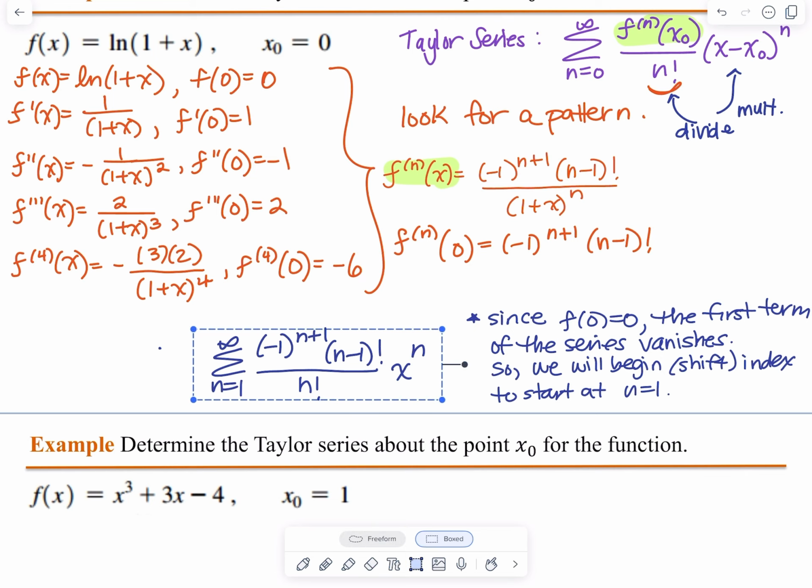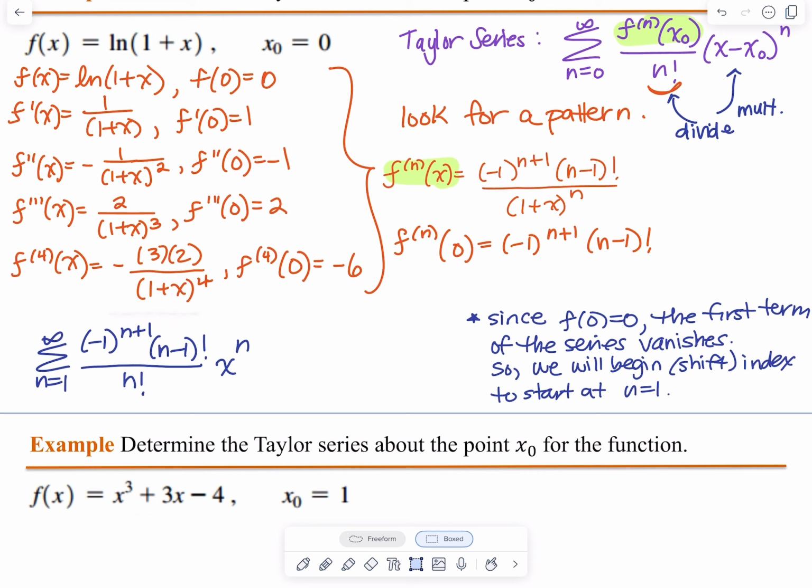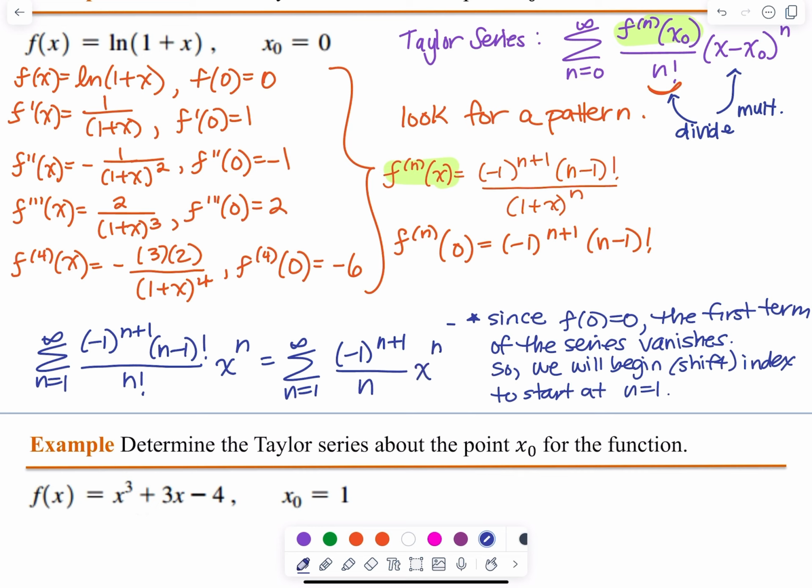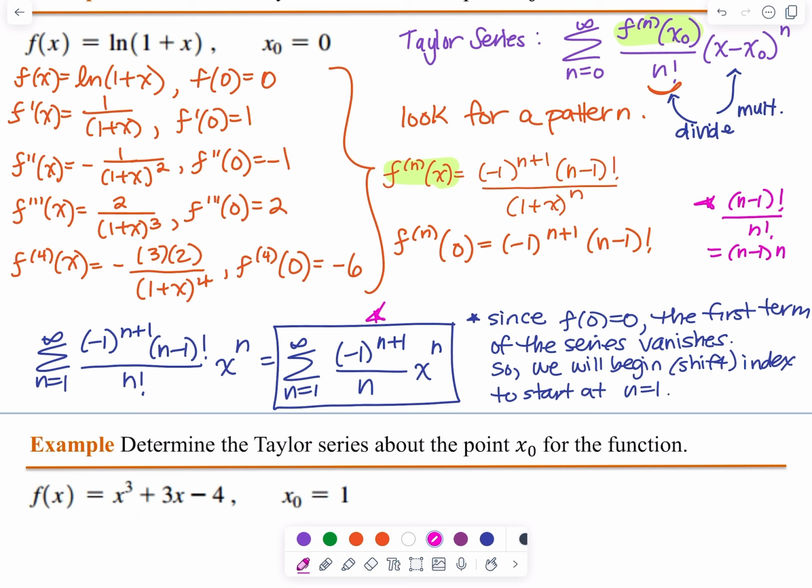So we know that that is equal to the sum from n equal 1 to infinity of negative 1 to the n plus 1 power divided by n multiplied by x to the n. That is our Taylor series. And this is because, of course, n minus 1 factorial divided by n factorial is 1 over n.